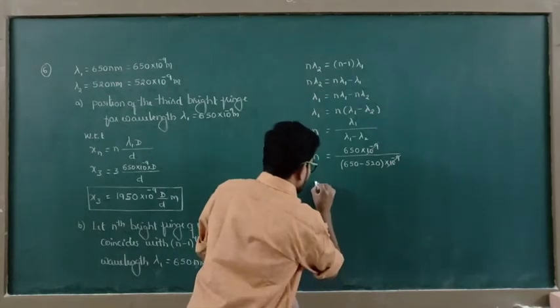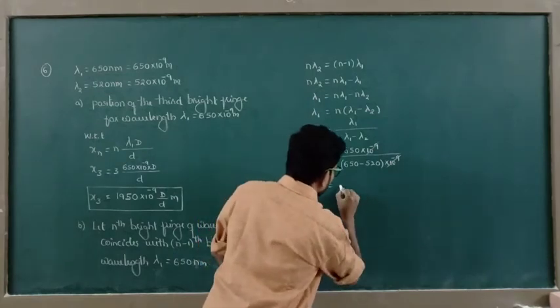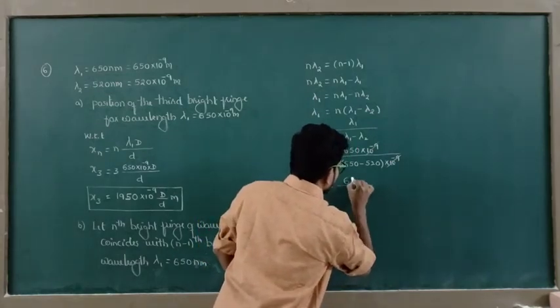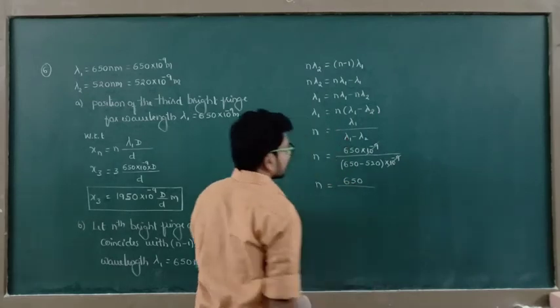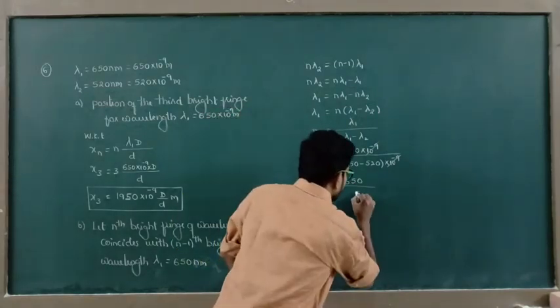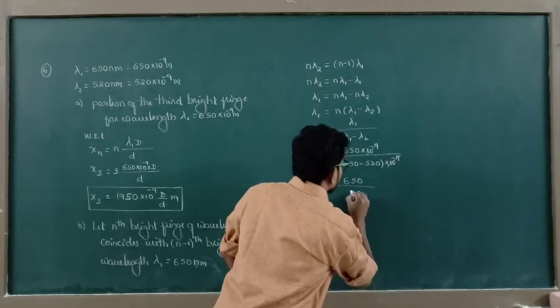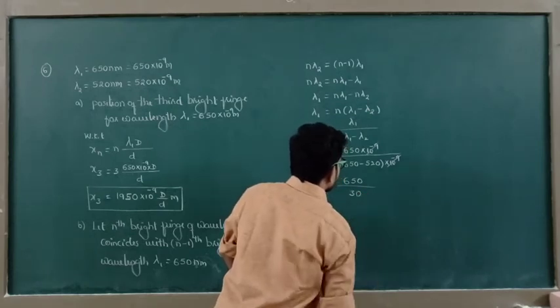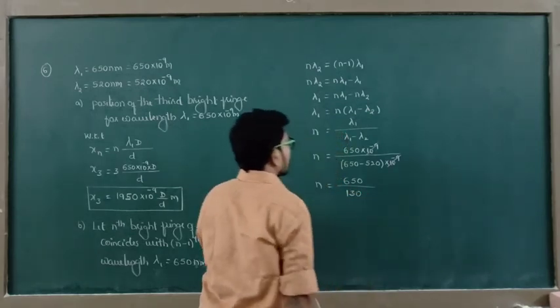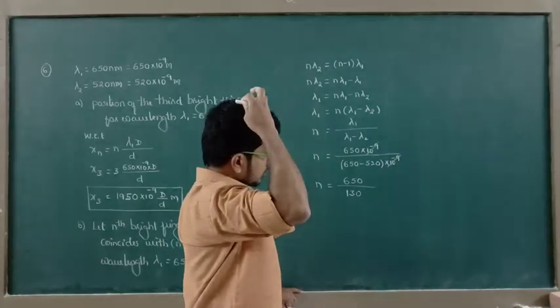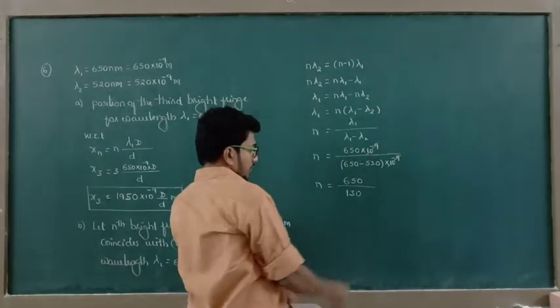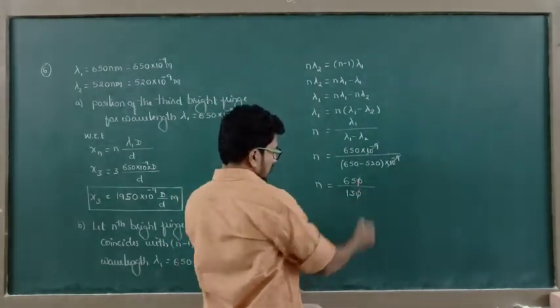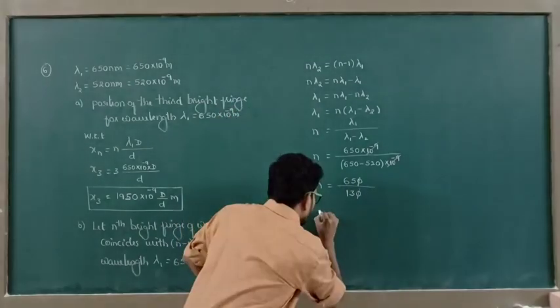Then n is equal to 650 divided by 130. Solve this one, and here you will get n is equal to 5.